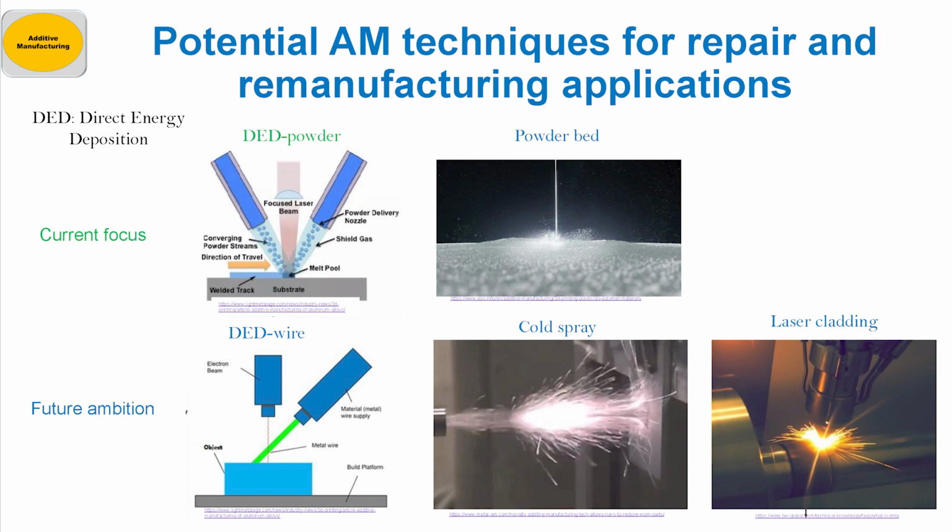Some of the potential AM techniques that are already in use or have potential to be used are direct energy deposition using powder and wire, cold spray, cladding, and also powder bed. Now my focus so far has been particularly on DED using powder, but the ambition is to also explore these other technologies moving forward for repair and remanufacturing applications.